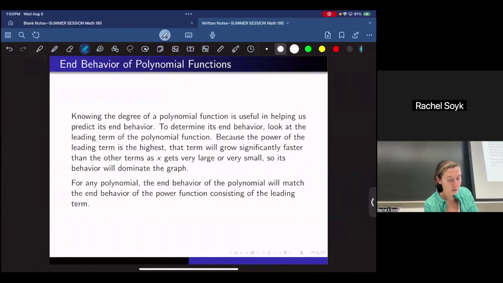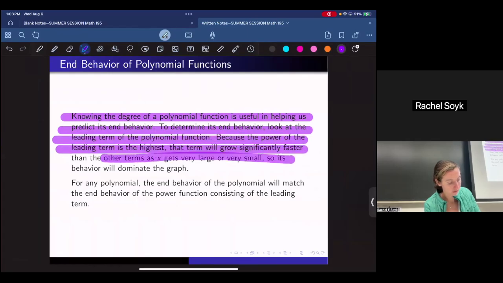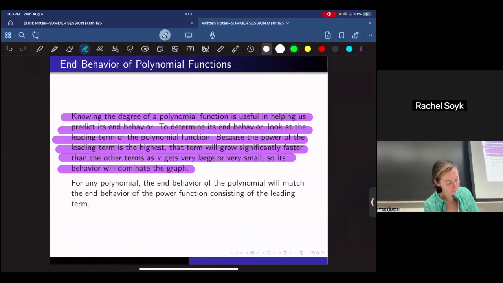Have 2 students read this. Someone read the purple, and then someone read, I don't know, green. Who would like to read purple? Ariana. Knowing the degree of a polynomial function is useful to help us predict its end behavior.